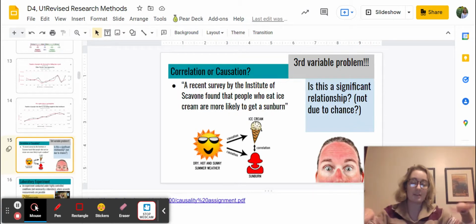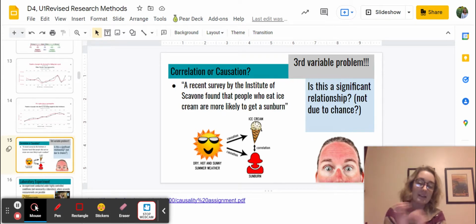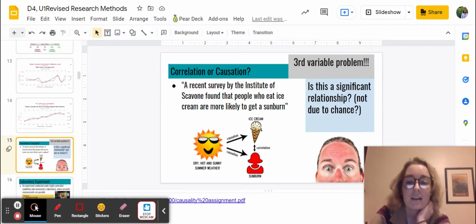You want to control all your variables in an experiment to make sure that there isn't some third variable or other thing in the background that's interfering with your results and might be making it look like X is causing Y, when in fact there's some other third variable like Z causing this relationship. So let's show an example.